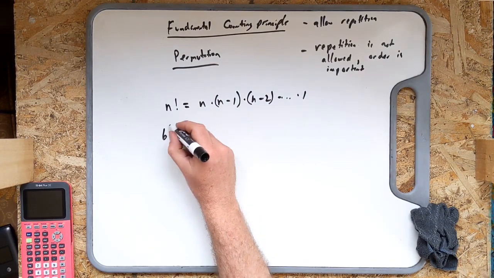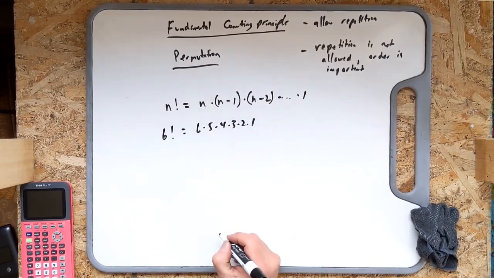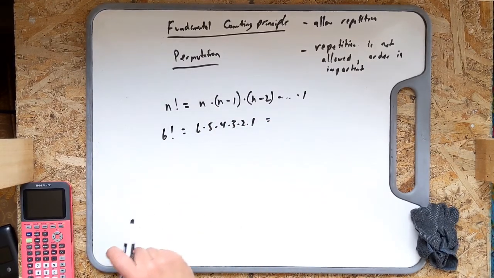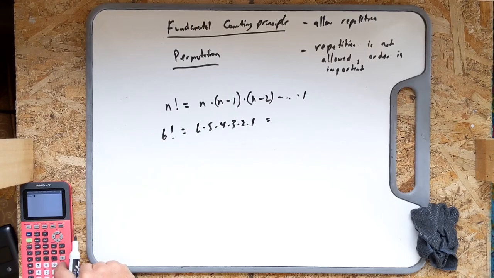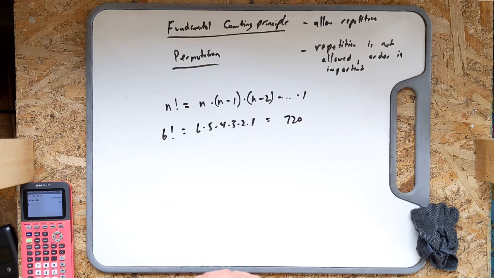So, for example, 6 factorial is 6 times 5 times 4 times 3 times 2 times 1. Then you multiply it out, and you get 720.